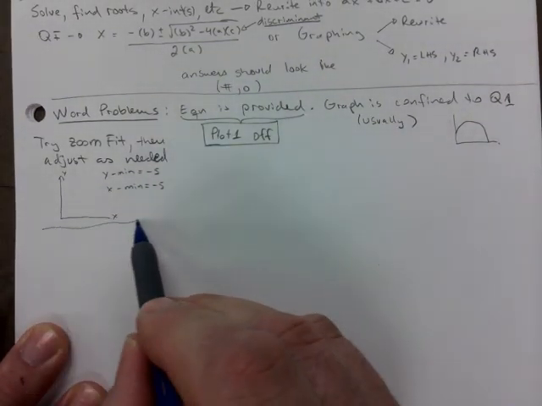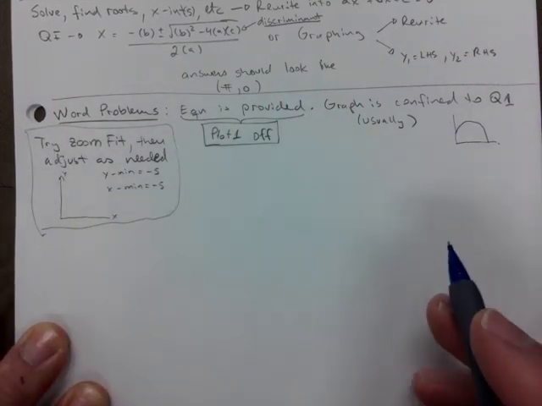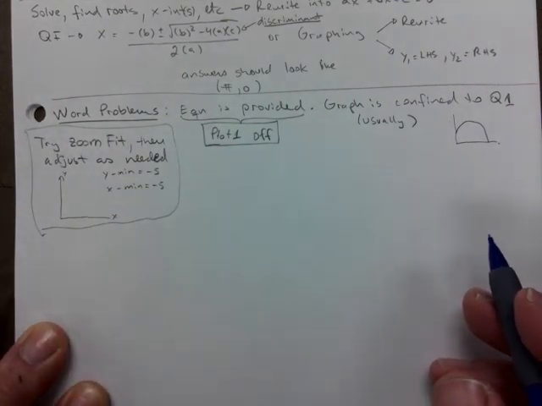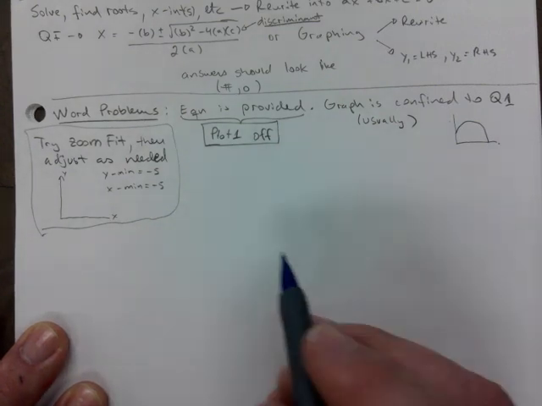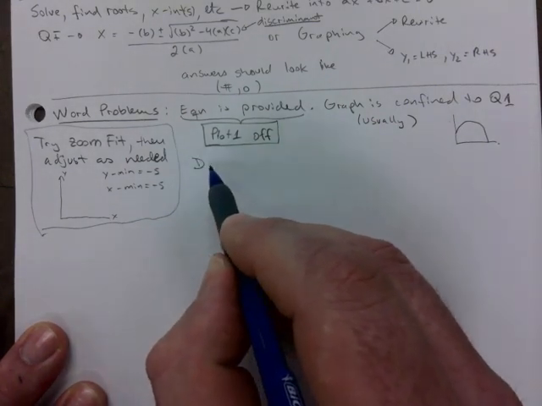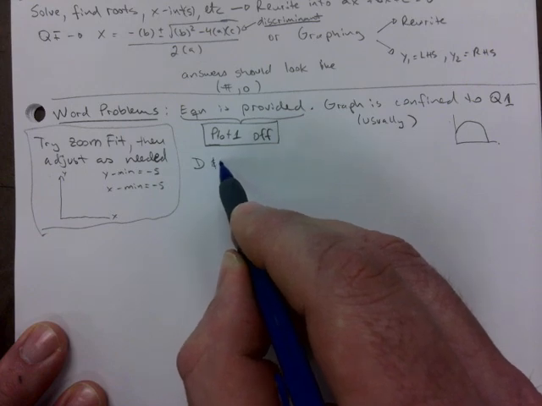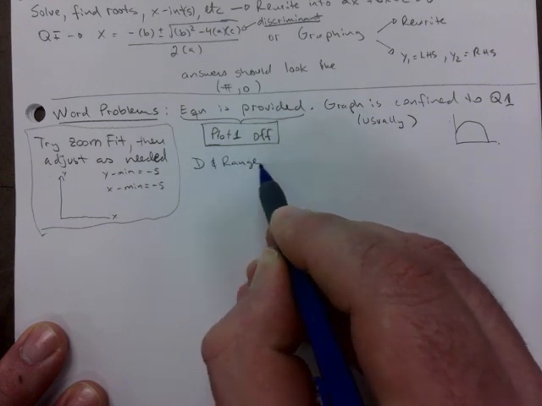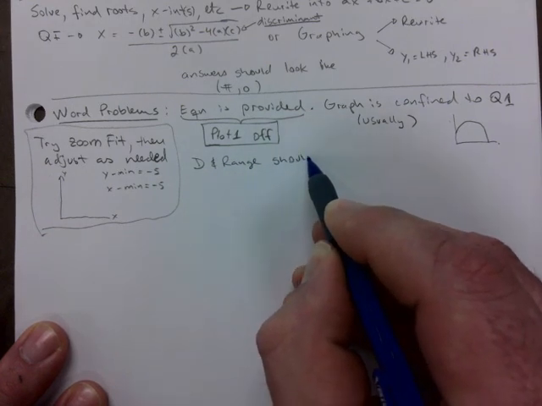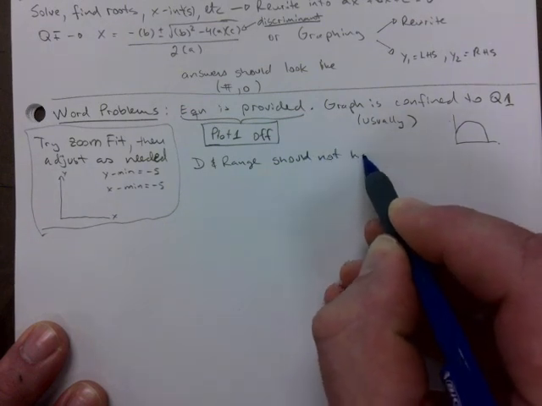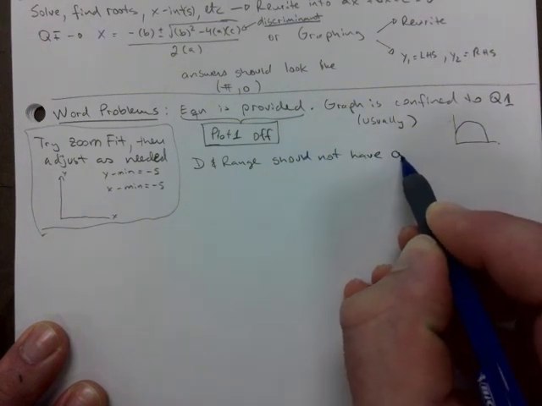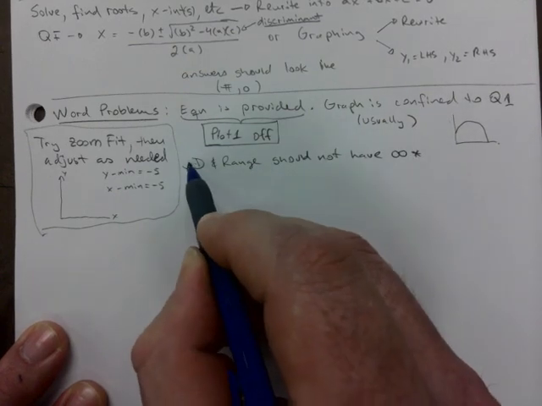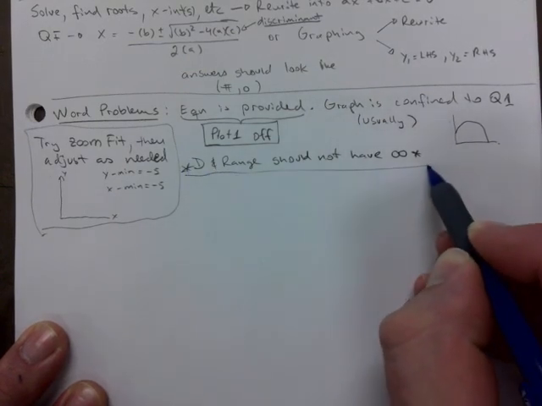So that's something to mention there. What else do I want there? Domain and range should not have infinities in it, right?